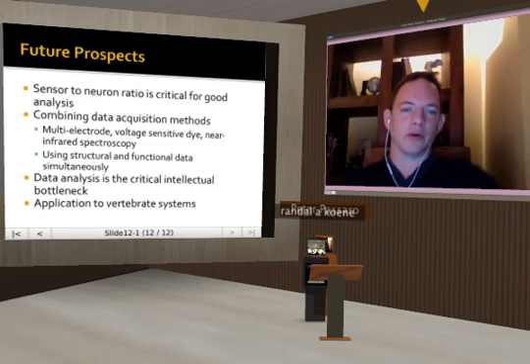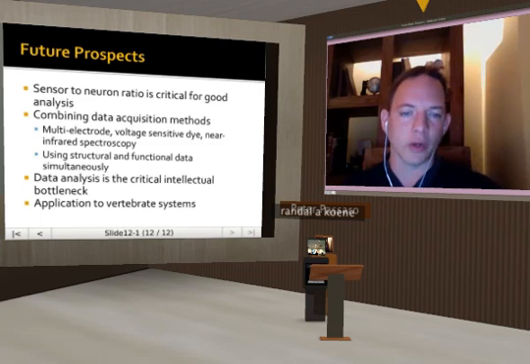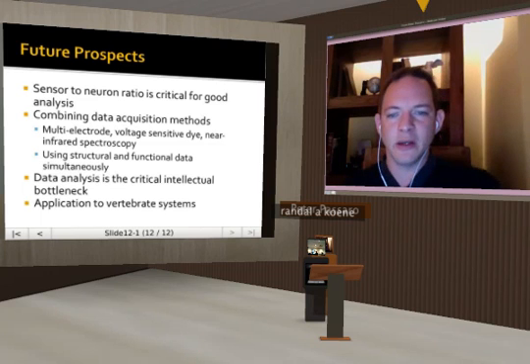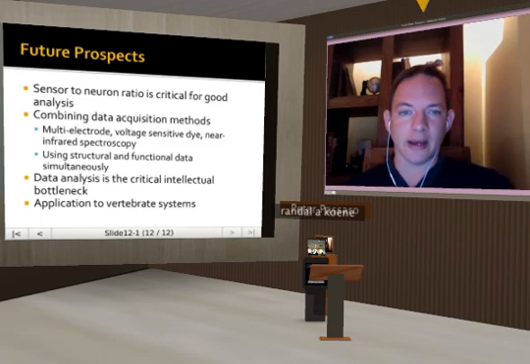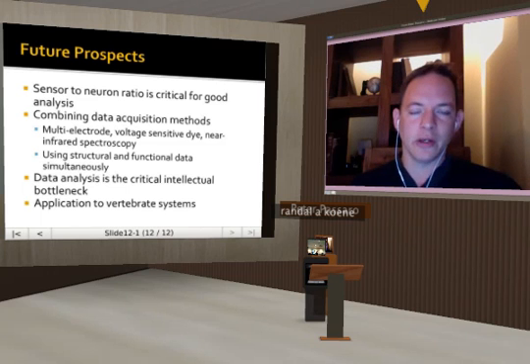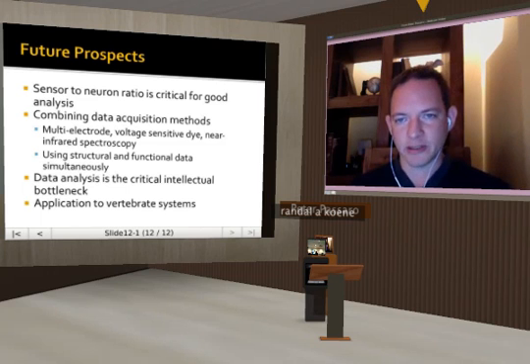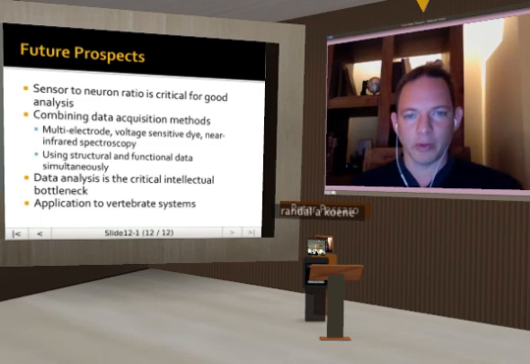All right, so where do we want to go from this? And what are the lessons that we're learning from this? Sensor to neuron ratio is critical for good analysis. If you can have a one-to-one sensor to neuron ratio, or better than that, more than one sensor per neuron, it really simplifies your analysis process. Whether it's actually possible to get to this on the scale of the human brain, we're probably talking about going into nanotechnology to get that type of sensor level.